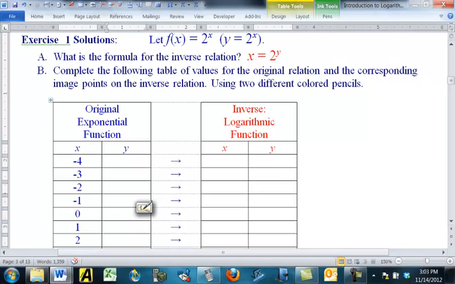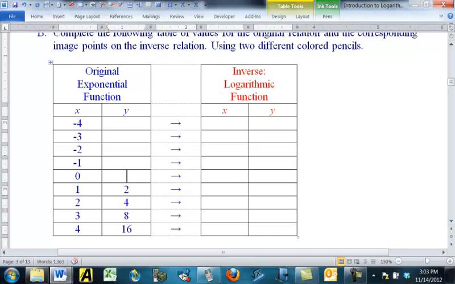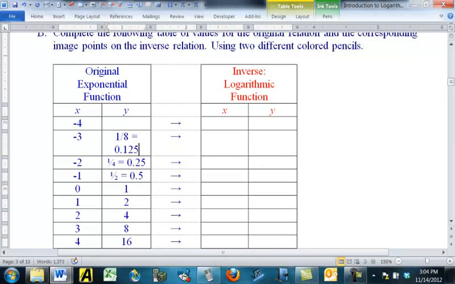2 to the 1 is 2. 2 squared is 4. 2 to the third is 8. 16 here. Going the other way, we're going to take a half of it. So half of 2 is 1. 2 to the negative 1 is a half, or 0.5. 2 to the negative 2 is 1/4, or 0.25. 2 to the negative 3 is 1/8, that's 0.125.